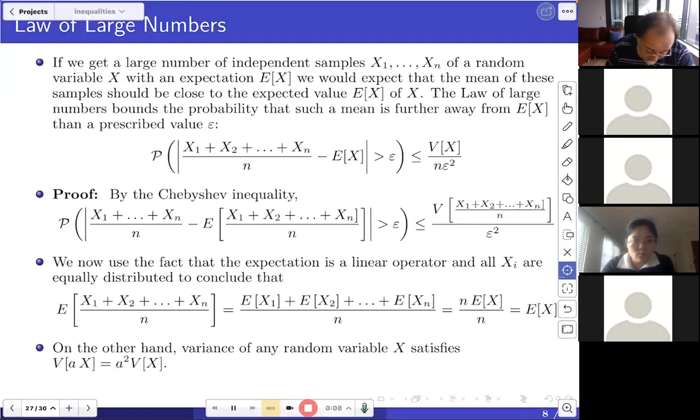And now notice what's important is that this equality holds regardless of whether the random variables X1 to Xn are independent or not. Even if they are correlated, expectation is still linear.